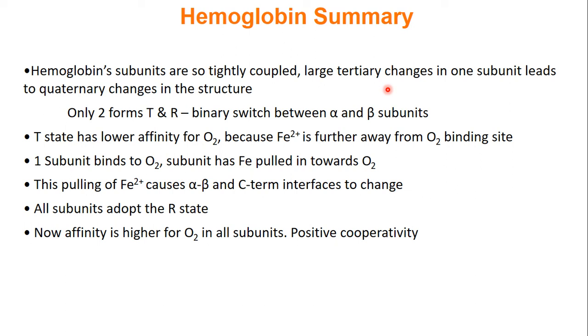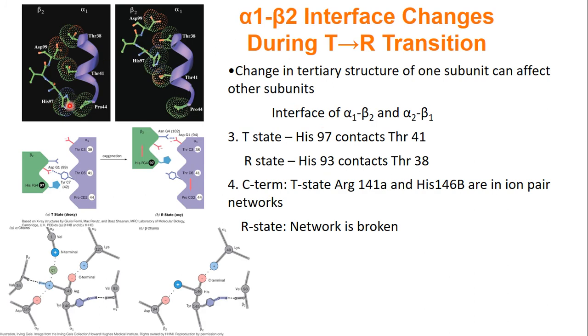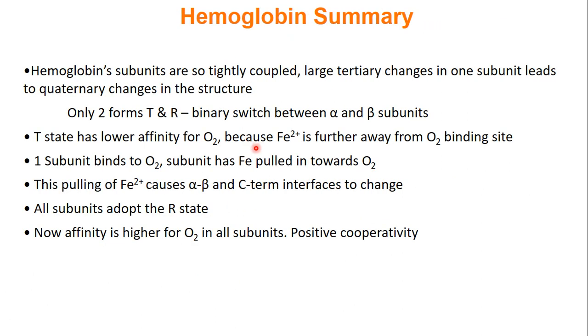There are only 2 forms of hemoglobin that can exist, the T or the R, and that's because of that switch we saw in the alpha and beta subunit. I'll go back to that slide right now. Here, histidine 97 can only be in 2 positions, down here or up here, and this corresponds to T and R. So hemoglobin can only be in those 2 positions.